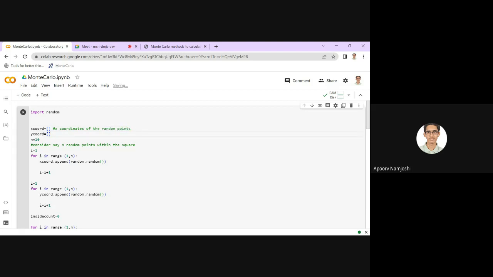And this represents the y coordinates. We are considering the square to be of side 1 unit, and one of the vertices is the origin. It is there in the first quadrant.